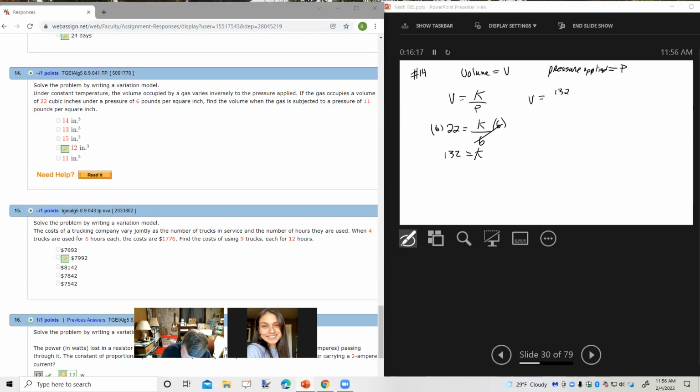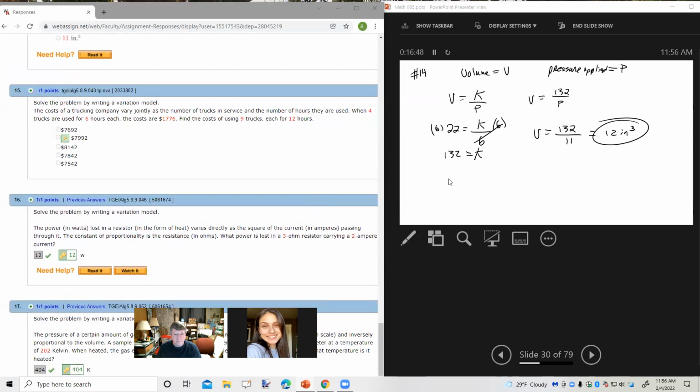So volume equals 132 over pressure. Find the volume when the gas is subjected to a pressure of 11 pounds per square inch. Okay, so 132 divided by 11 is 12, and that's cubic inches. Okay with that one? Yeah, that made perfect sense. Okay, 15, yes, no? Yeah. All righty.